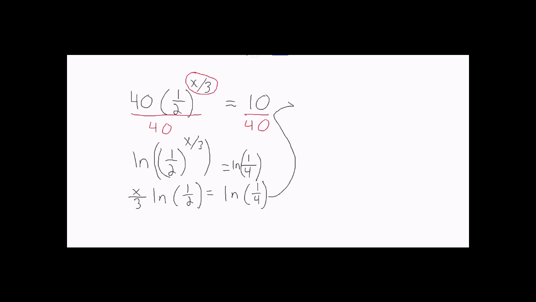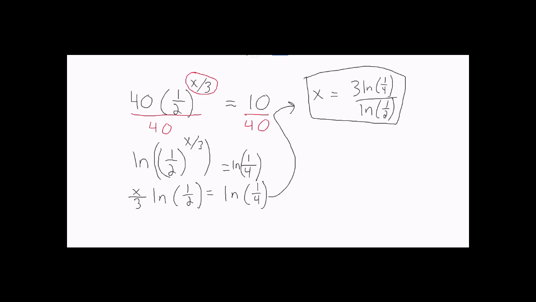Same thing's going on. We need to get rid of the ln of 1/2 and this 3. So we'll divide by ln of 1/2 on both sides, and we're going to multiply by 3. So we're going to get ln of 1/4 divided by ln of 1/2. We're going to multiply the whole thing by 3, which is the same as just putting that 3 out there.